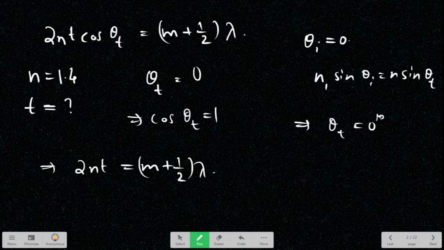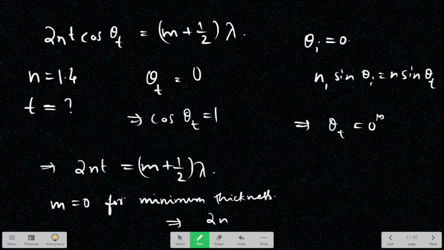We are asked to find the minimum thickness. M equal to 0 for minimum thickness. This implies 2nt equal to lambda by 2.